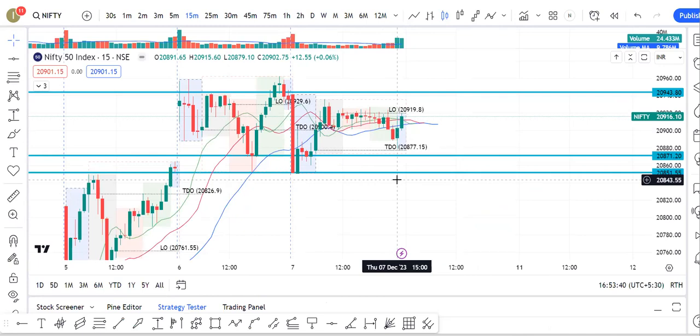It clearly suggested on tradingtick.com huge writing on the 20,950 call option. So it was sure that Nifty was not going to go above that. It ended within that range.